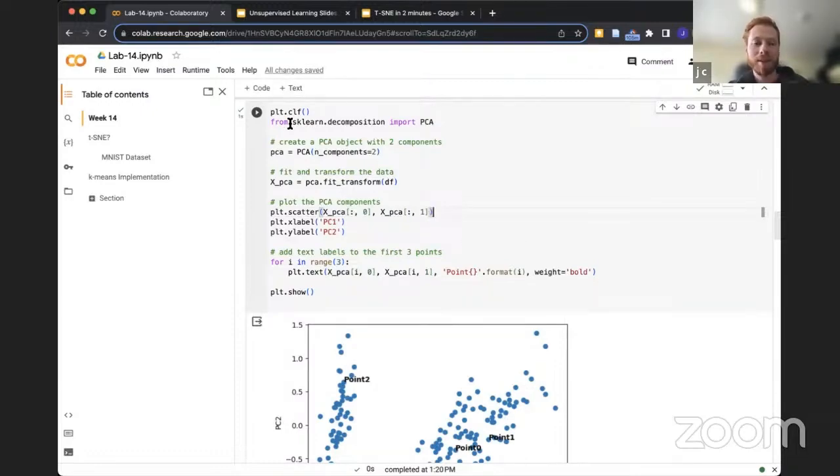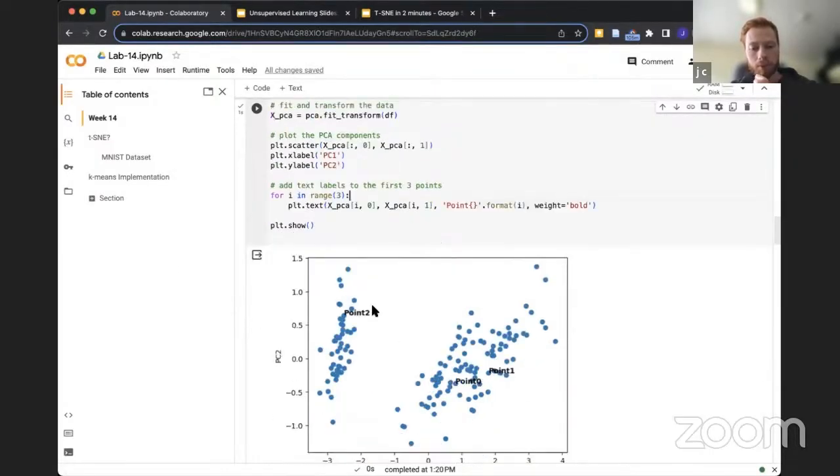Okay, so we use the implementation provided by sklearn. And here we just plot the first 3 points to look at these points.